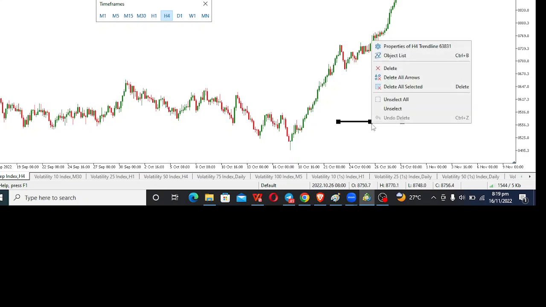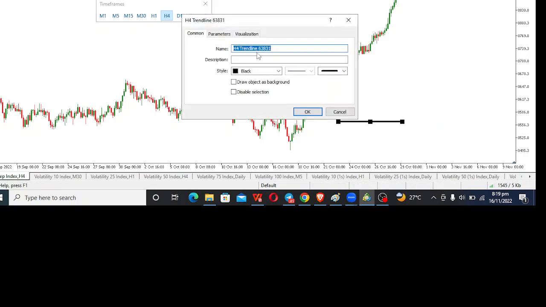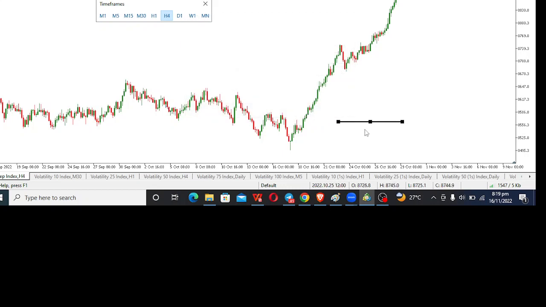So this would be a support. Let me reduce the size. You see this is a support over here, right? And based on the explanation I just gave, the candlestick that will break through the support should be a full candle, right?